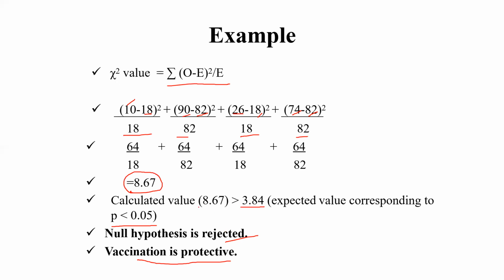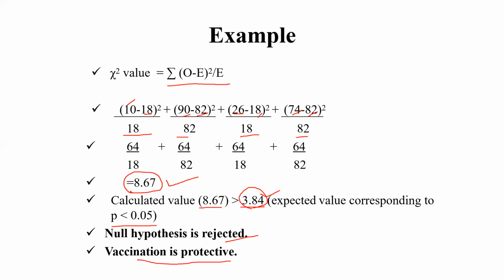Here is one point we need to understand: the calculated value and the tabulated value. If we are following the traditional method, we manually calculate the value and find the table value, already given for the 95% confidence level, 5% level of significance, with 1 degree of freedom.